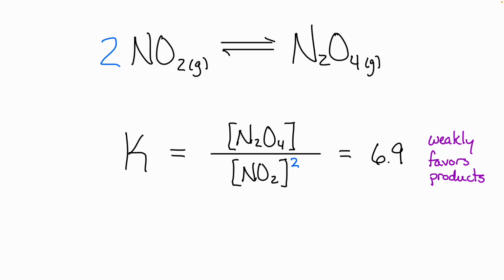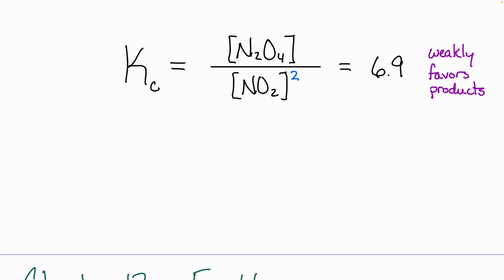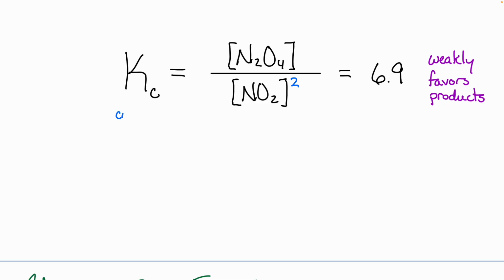Cool. Since this is an equilibrium constant in terms of concentration, we would call this a Kc. It turns out for gaseous reactions, pressure is directly proportional to concentration, and sometimes it's much easier for gases to measure the pressure of those gases rather than the concentration. So for gaseous reactions, you might find it more convenient to talk in terms of a Kp, where now we're going to talk about the amount of reactant and product in terms of the pressure or partial pressure of that gas.